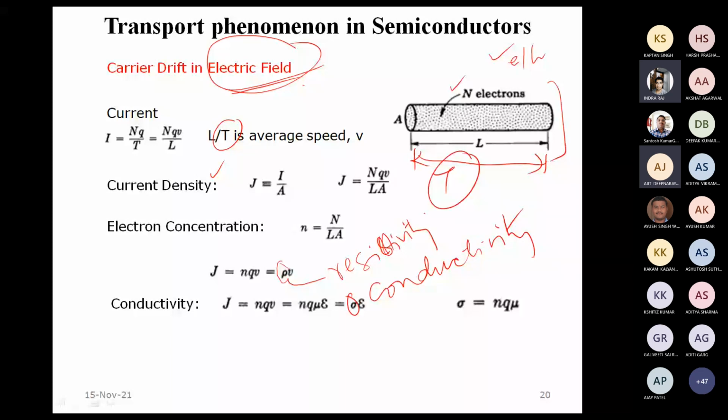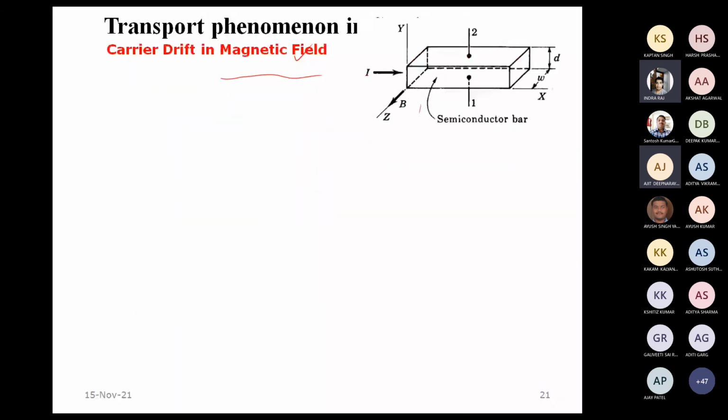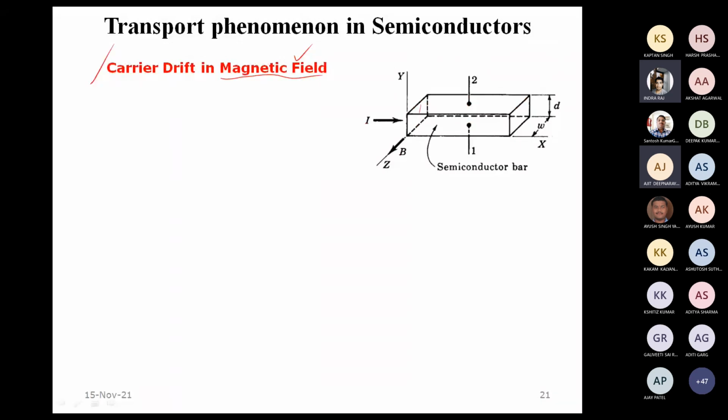So today we intend to discuss this drifting in a magnetic field. We have this specimen here, carrying say current I in the shown direction, positive X. The upward direction is positive Y, and this is the positive Z direction here.